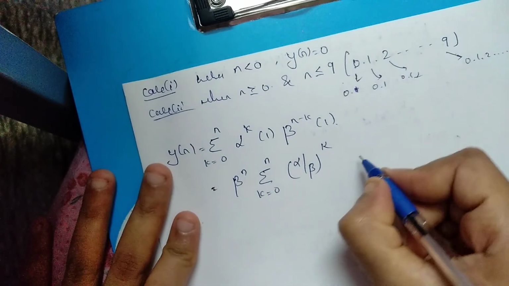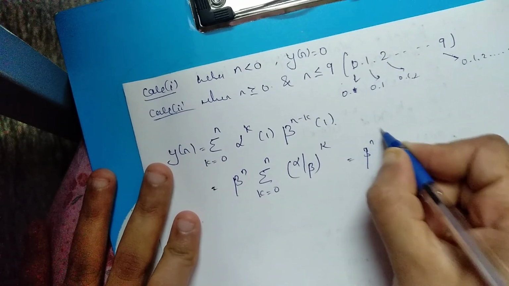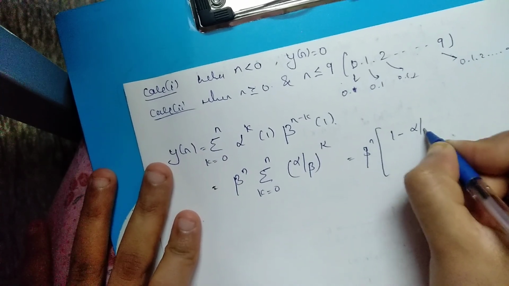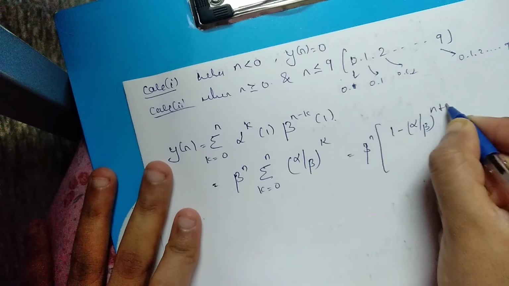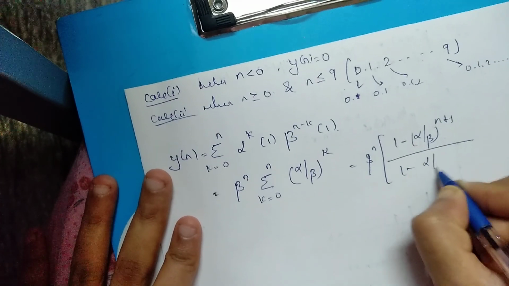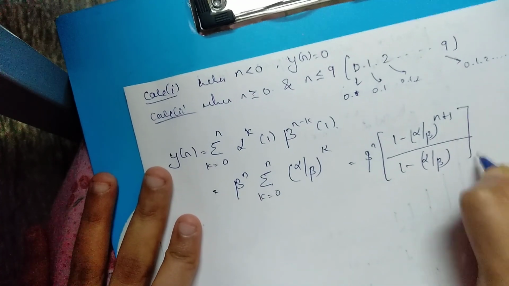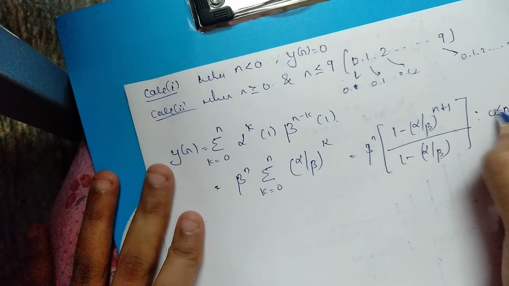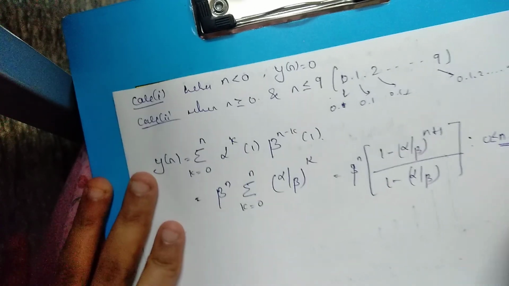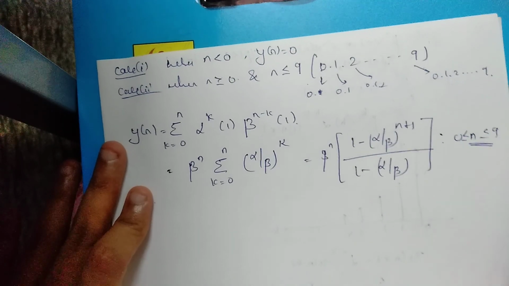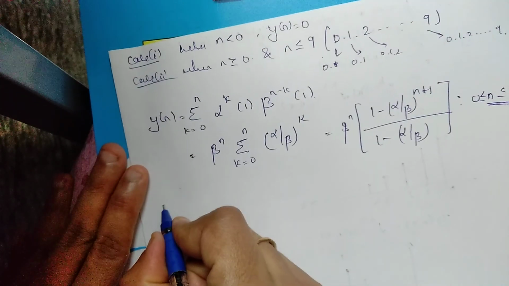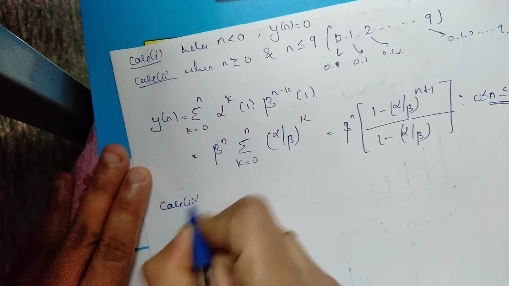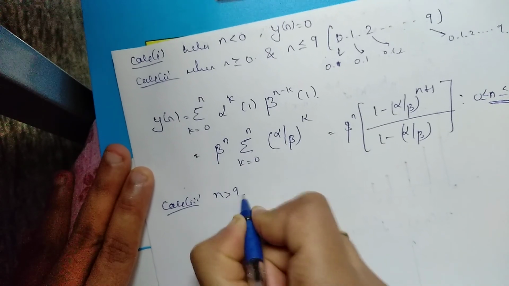So if we expand this, this will be beta to the power of n into 1 minus alpha by beta to the power of n plus 1 divided by 1 minus alpha by beta. This is when n is in between 0 and 9. Got it?